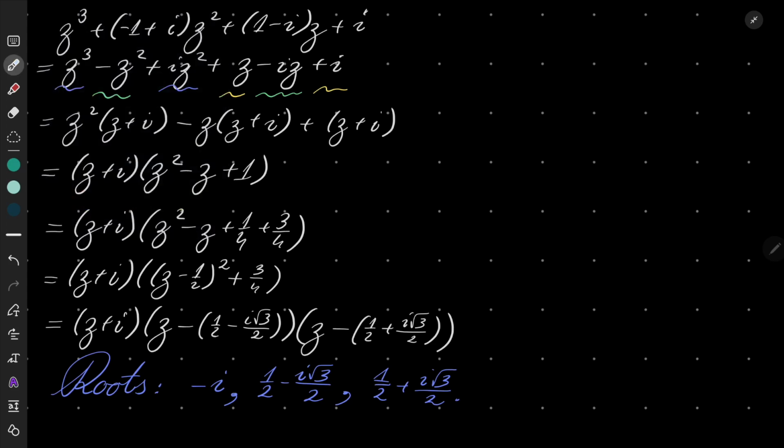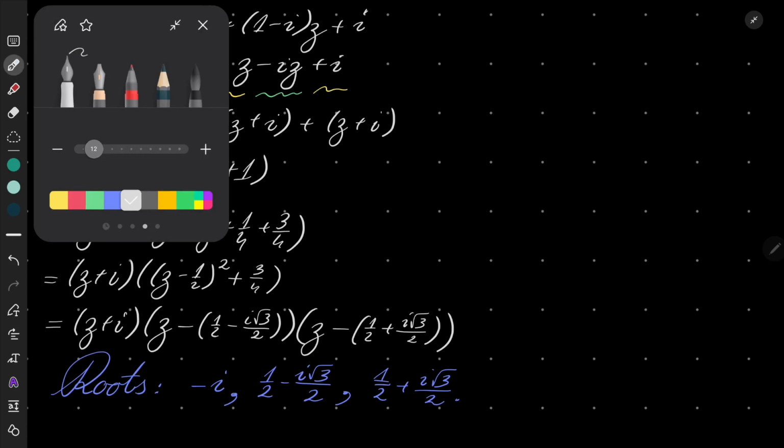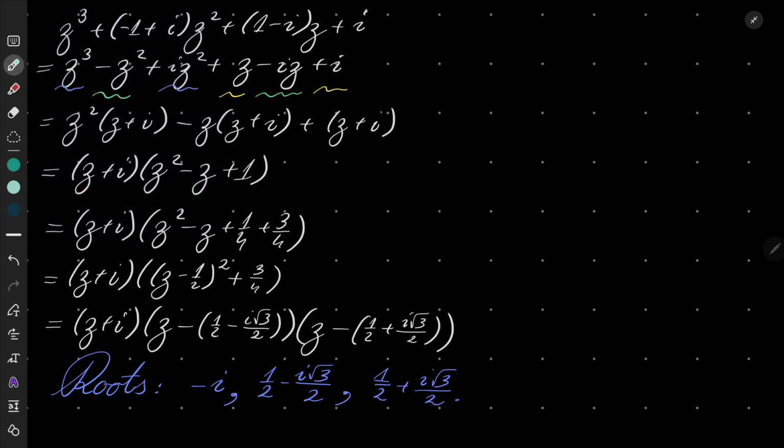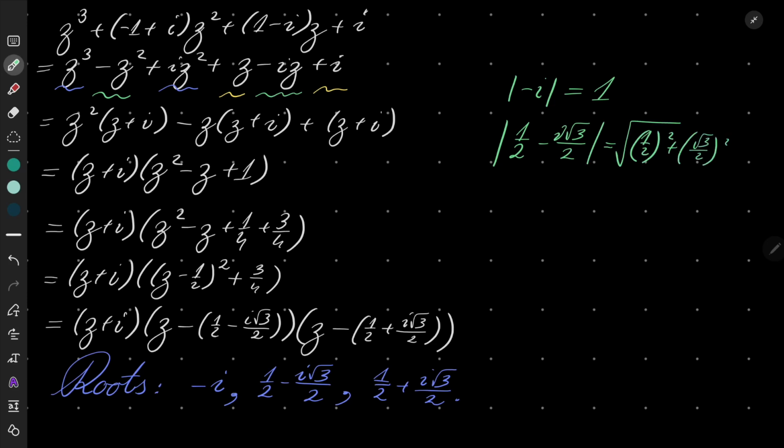And now the key observation is to look at the modulus of every number. So maybe I will write it on the right-hand side. Well, the modulus of minus i is 1. The modulus of 1/2 minus i square root of 3 over 2 is the square root of (1/2) squared plus (square root of 3 over 2) squared, so it's also 1. And the same goes for the third root.